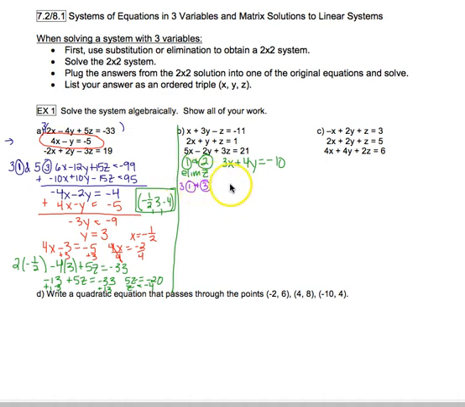So because I have to multiply, I'm going to have to write out a little bit more here. So 3 times equation 1 would give me 3x plus 9y minus 3z equals negative 33. And underneath, I'm going to write equation 3 as is. So 5x minus 2y plus 3z equals 21.